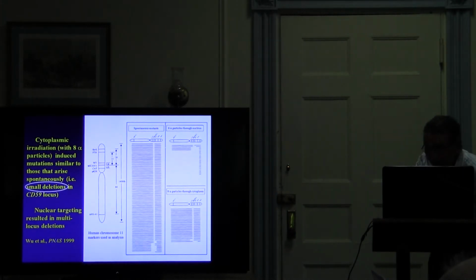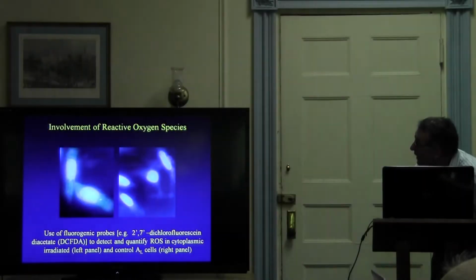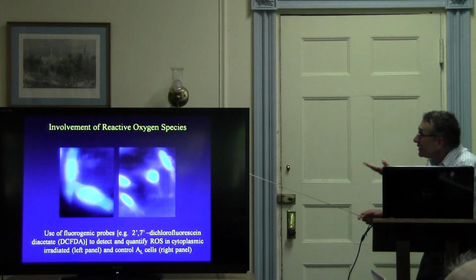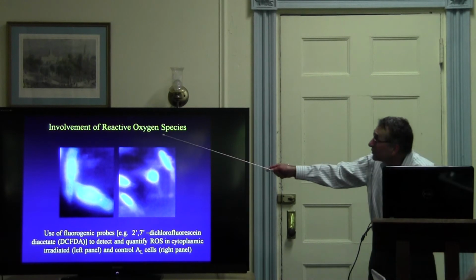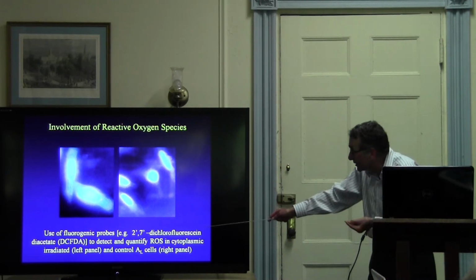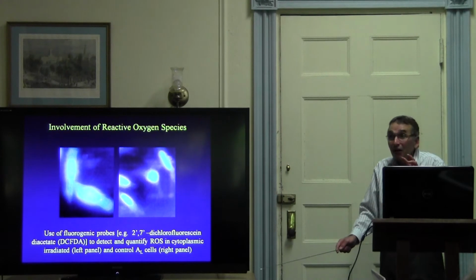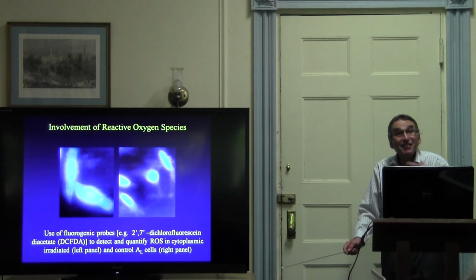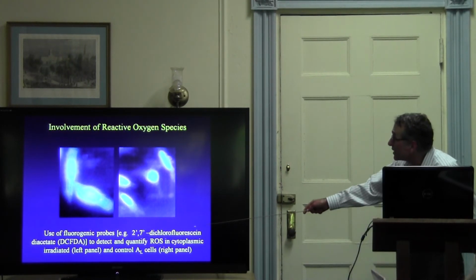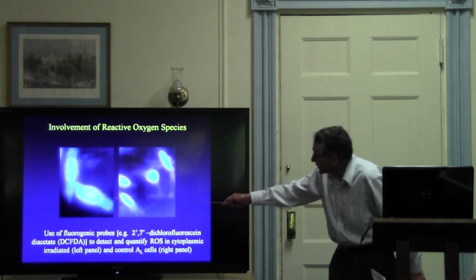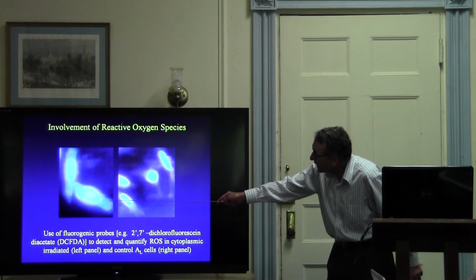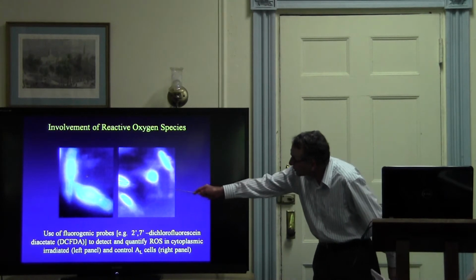And in here, they really confirmed that oxidative stress was involved. They looked using DCFDA. These are dyes that will recognize reactive oxygen species, and they found that in the cells that had cytoplasmic irradiation, there were elevated levels of reactive oxygen species.